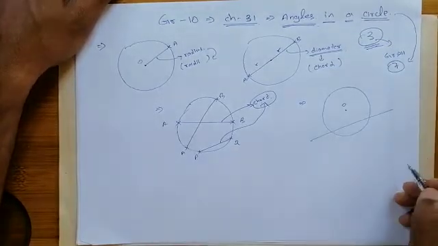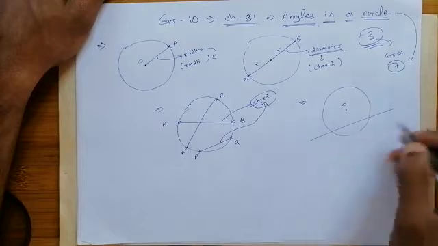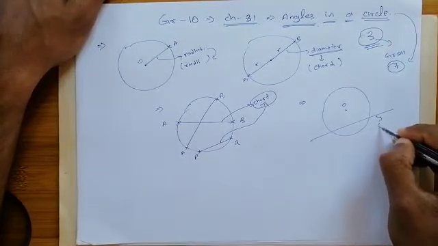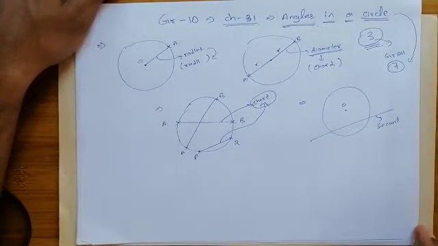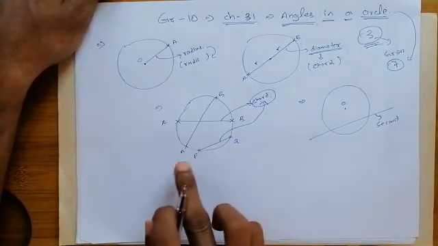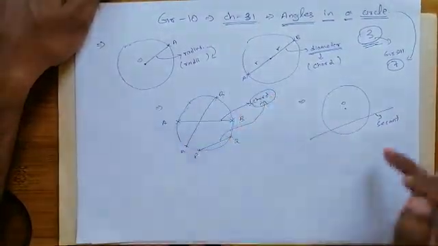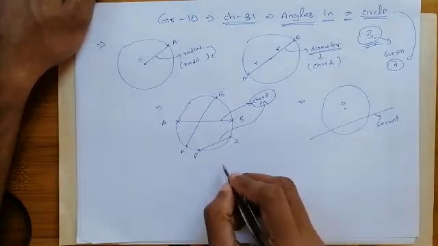If a straight line intersects and passes through the circle, we call it a secant. So the chord is inside the boundary of the circle, but the secant passes through the circle.